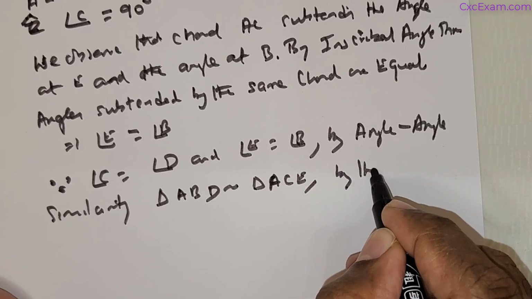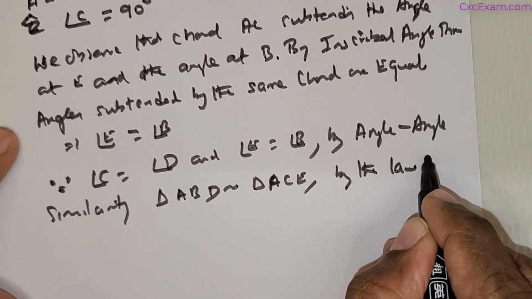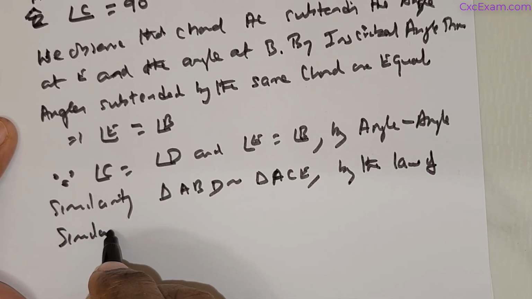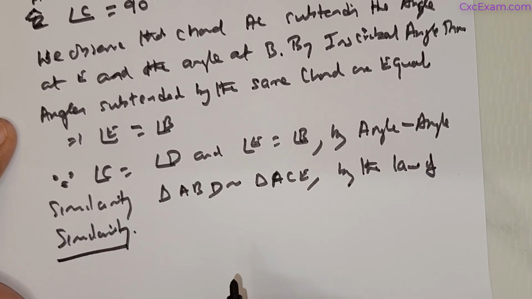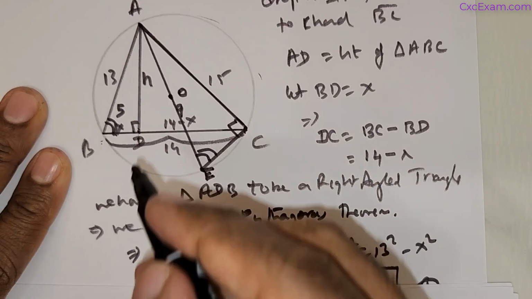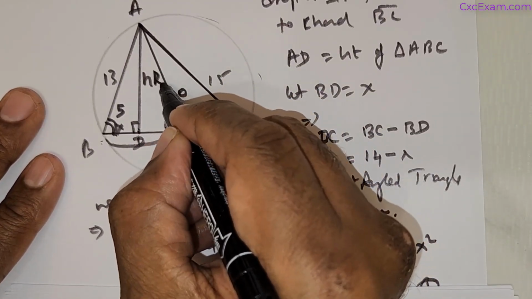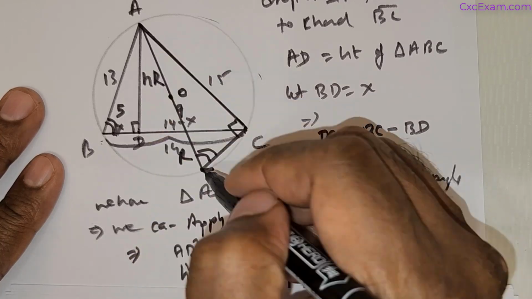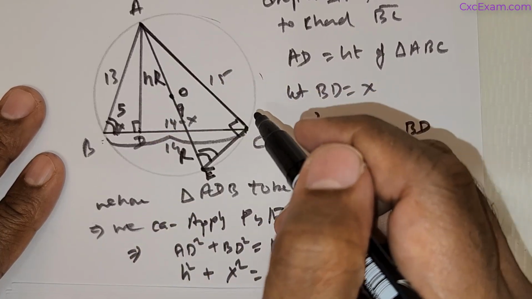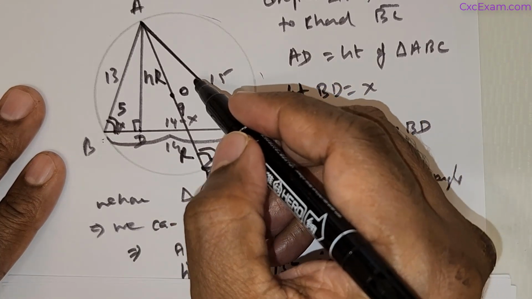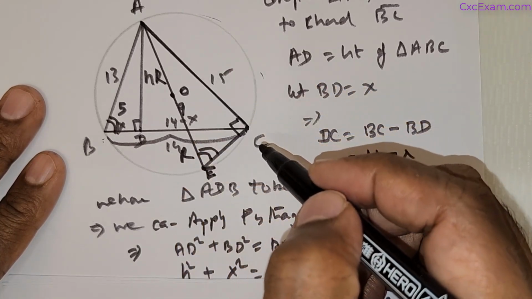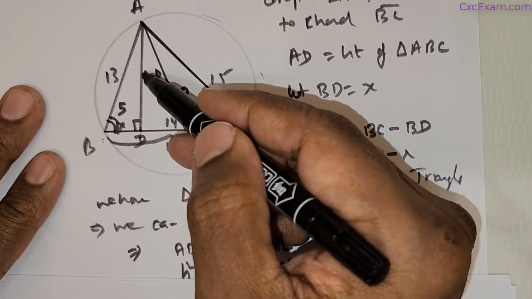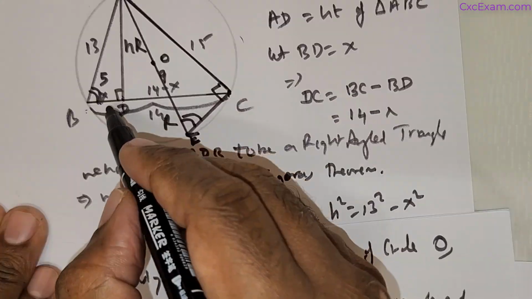So by the law of similarity, what is the law of similarity? If I take this as R and this is R, this entire hypotenuse is going to be 2R, right? So this is the side, this is the opposite side to the angle.